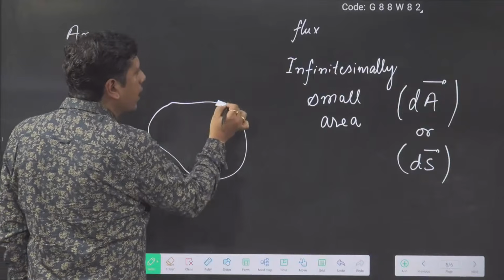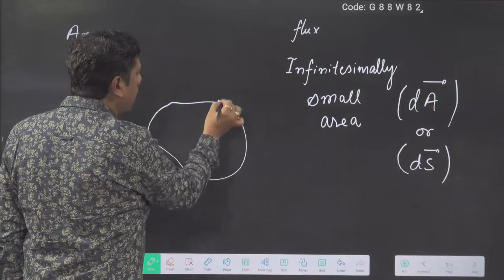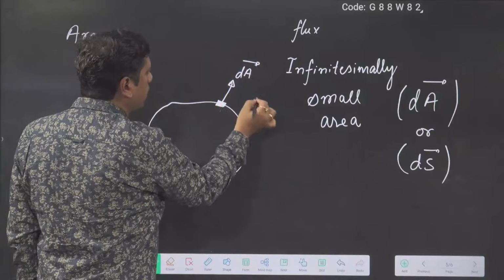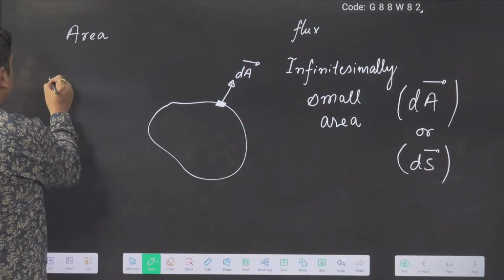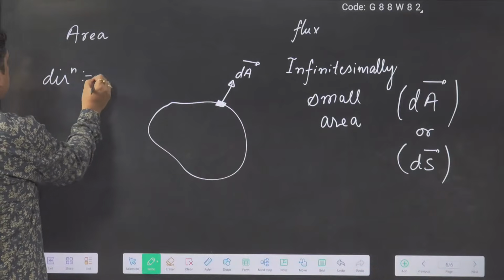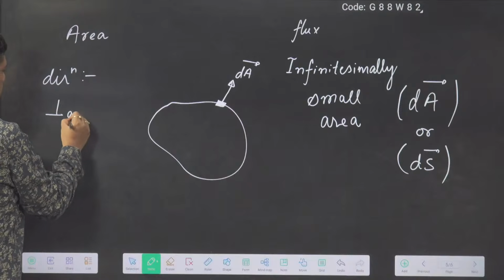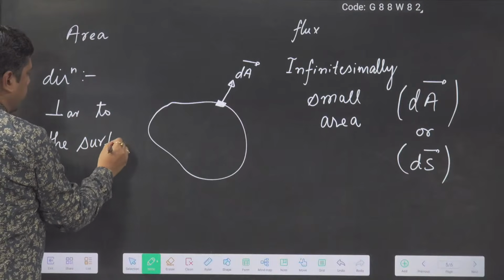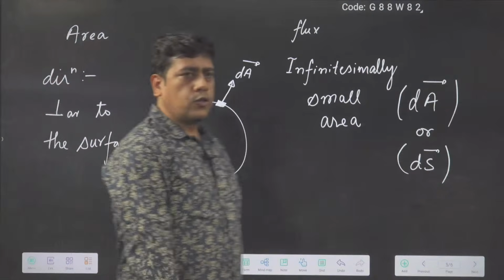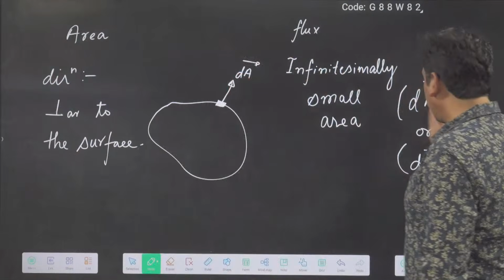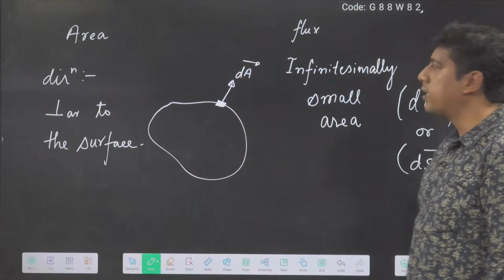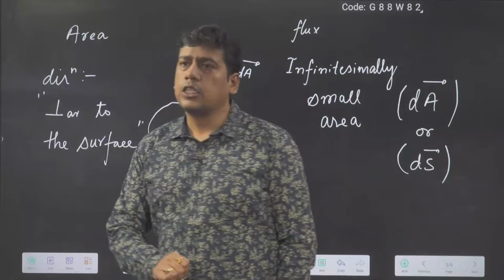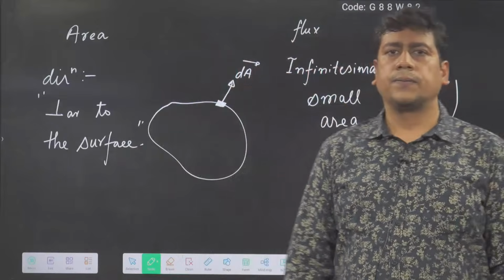We say it is an infinitesimally small area, and the direction of this dA vector is perpendicular to the surface. So yes, dA is a vector quantity. If someone asks you what is the direction, the direction is perpendicular to the surface.